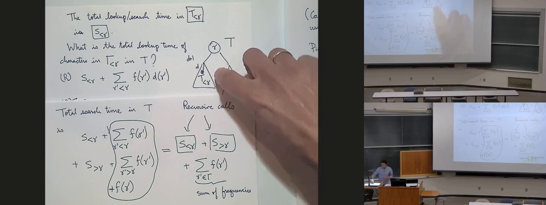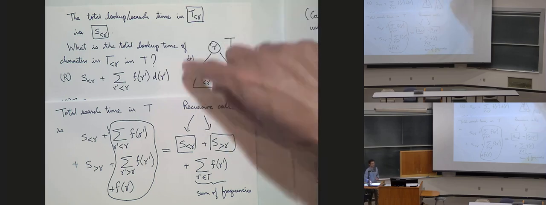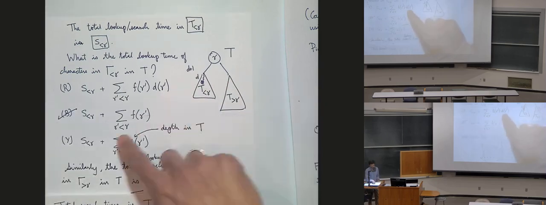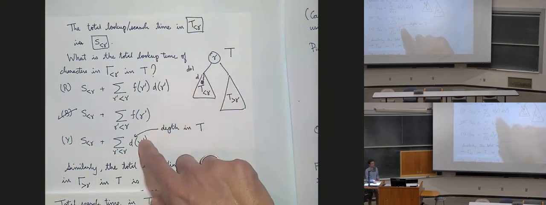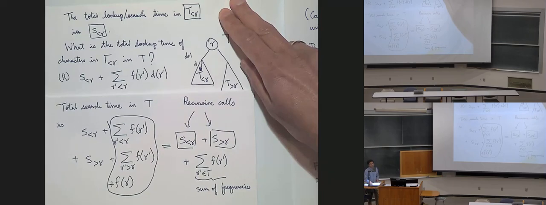You got the best tree for the left part and the right part. And now you're trying to figure out what is going to be the total cost on the whole tree. And so that's why we went through this process over here. But why would the frequency affect the runtime?